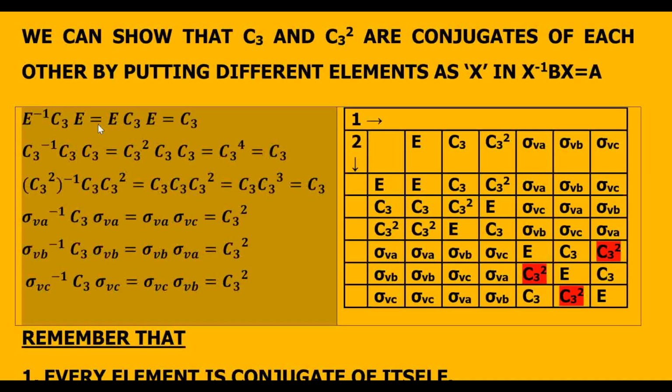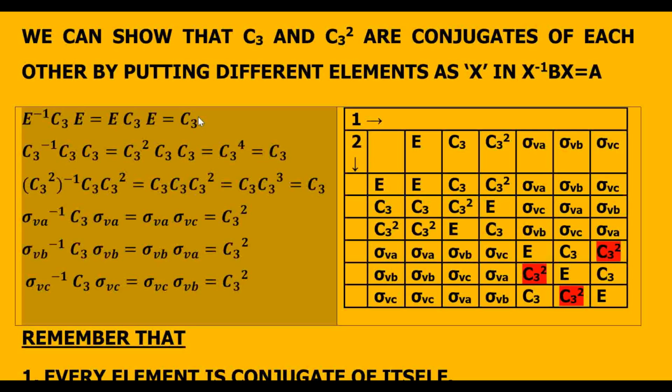So E inverse is always equal to E. Therefore this equation is equal to E C3 E. Now you know that the operation E means doing nothing, and therefore whenever you multiply E by any element other than E, then the result is always going to be the other element. So E C3 E is going to be equal to C3.